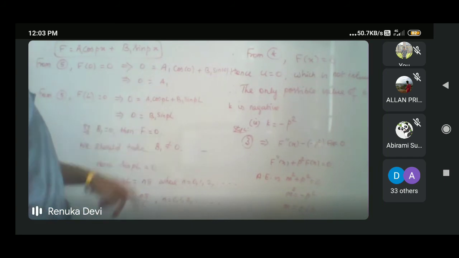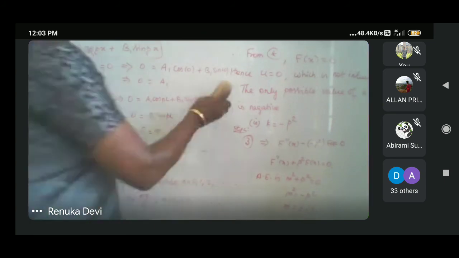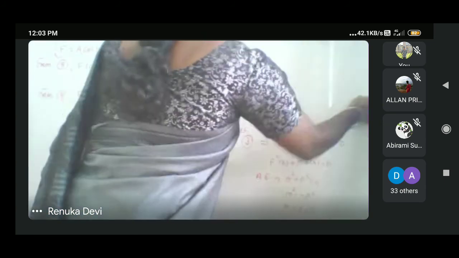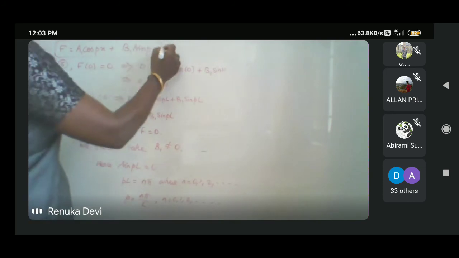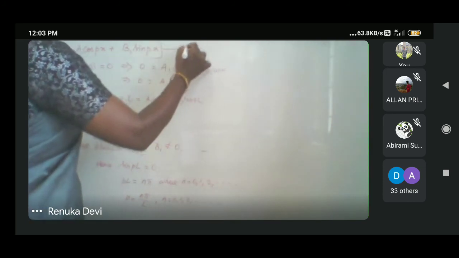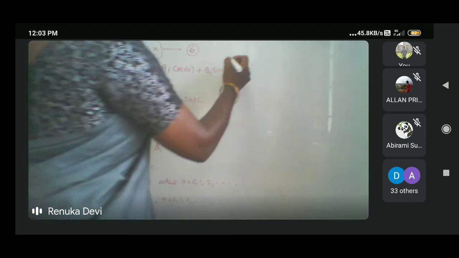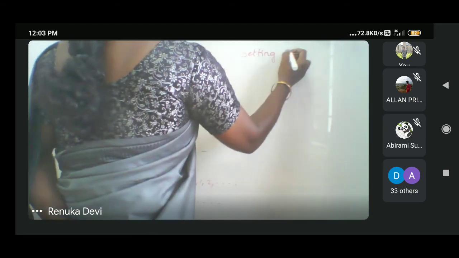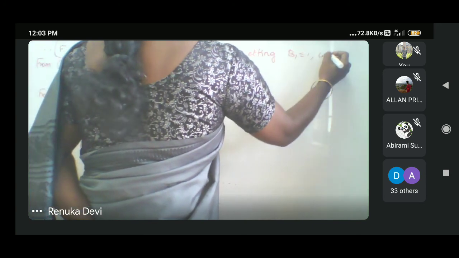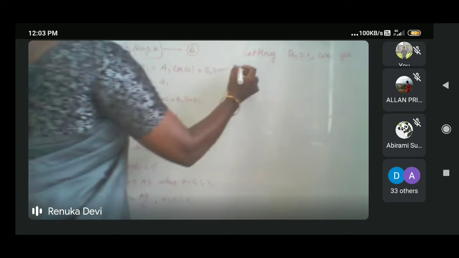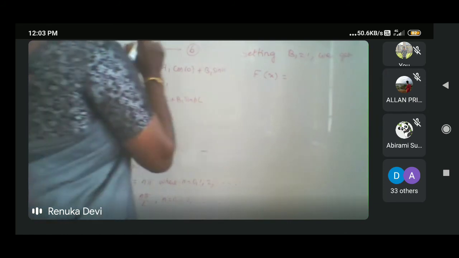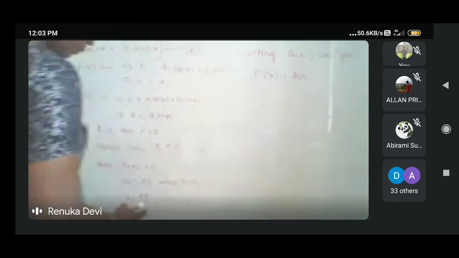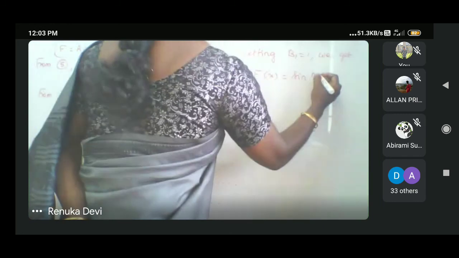Taking this as equation 6, setting b1 equal to 1, we get f of x equals, since a1 is already 0, b1 which is 1 into sine of n pi by L x.